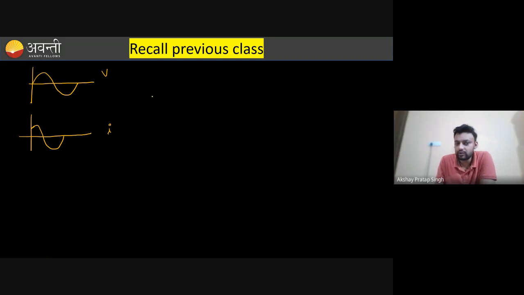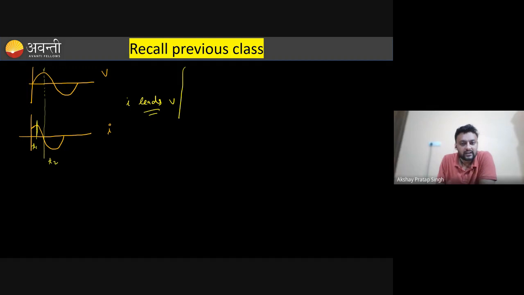How do you recognize this? The maximum of current reaches earlier compared to the maximum of voltage. You can see this is T1, this is T2, and current reaches its maximum value first, so current is leading. You can write it as I leads voltage. Clear? That is the one thing we learned in the previous class.